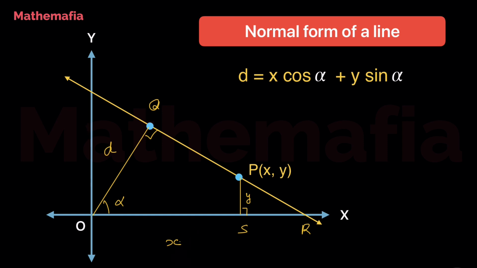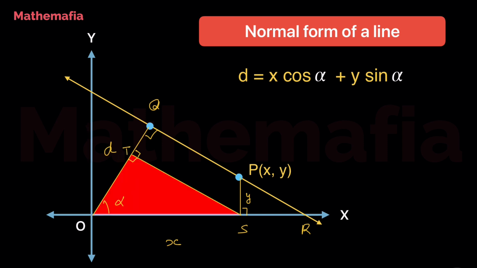So what I need is to form a right angle triangle so that x is a part of that right angle triangle, and same for y as well. So let's talk about x first. If I draw a perpendicular from S on this line, we can always draw a perpendicular from a point to a line. Let's call this point T. Now in this right angle triangle, this angle is alpha, this is x, and let's call OT D1.